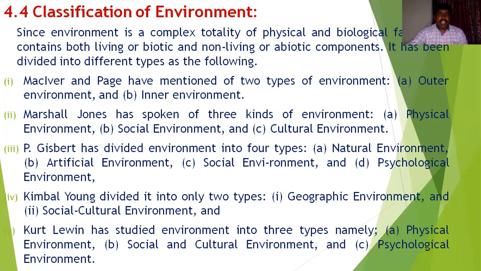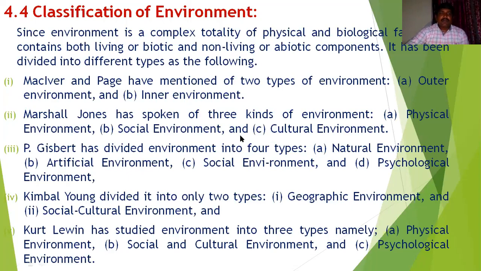MacIver and Page have mentioned 2 types of environment, namely A. Outer environment and B. Inner environment. Next, Marshall Jones has spoken of 3 kinds of environment: physical, social, and cultural environment.